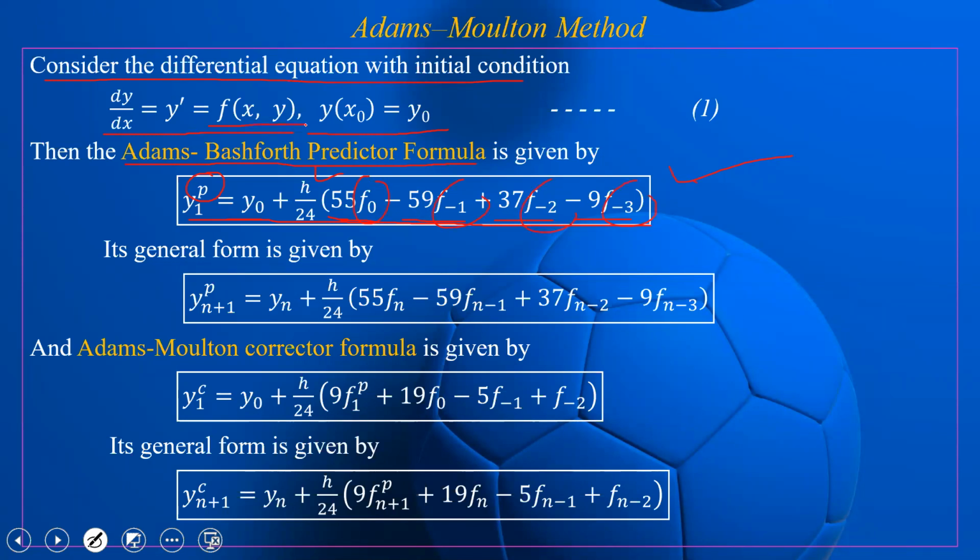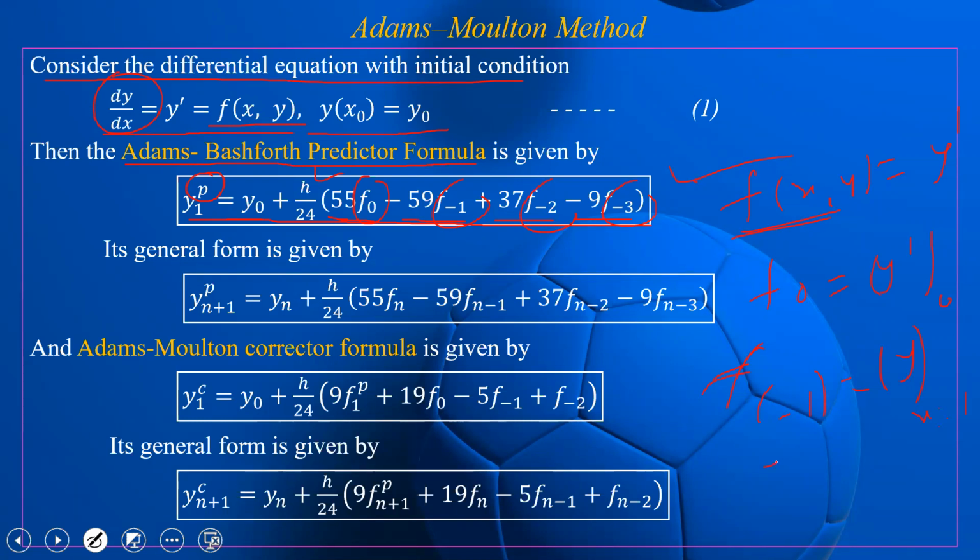This is our f, f(x, y), which is given by dy/dx, equal to y'. So we calculate the values. How to calculate f0? f0 is y' at x = 0. What is f(-1)? It is the value of y' at x = -1. Like that, you can calculate it.